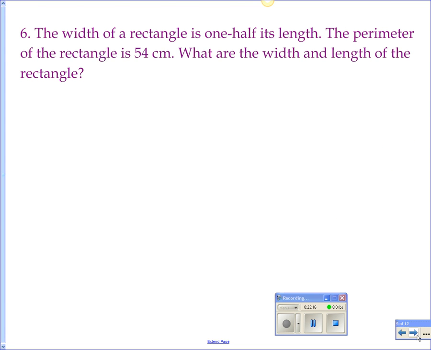Okay, number 6. Dylan, read 6 for us. Width of a rectangle is 1/2 its length. The perimeter of a rectangle is 54 centimeters. What is... Good. Daniel, what do I want you to do first? Draw a what?